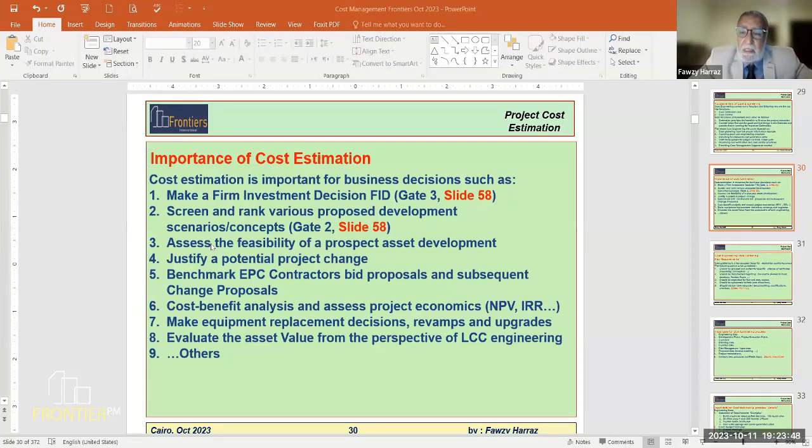In this case, the estimator will cross-check his estimate and confirm that the bidding process has been rigged and he will highlight this to the management.